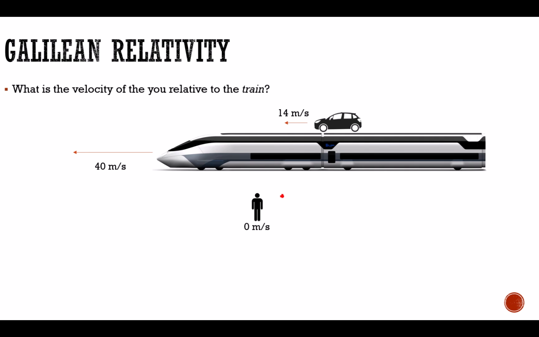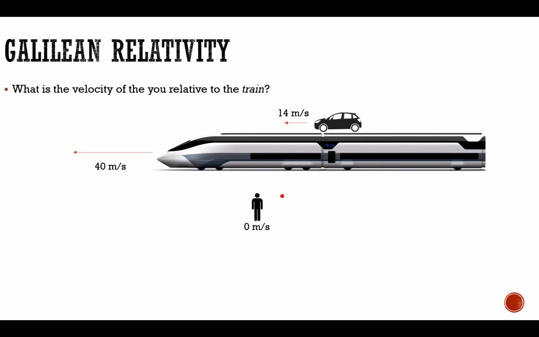Okay, what is the velocity of you relative to the train, or to the train driver? I want you to spend 20 seconds thinking about it. If you were the driver of the train, if your friend was the driver of the train and they saw you just standing still, what is your velocity relative to them as they drive past?